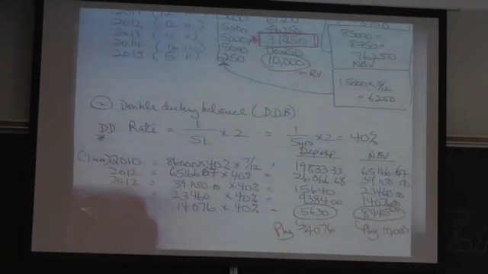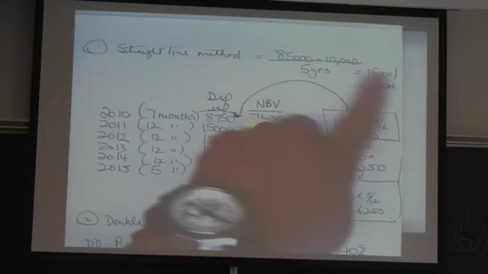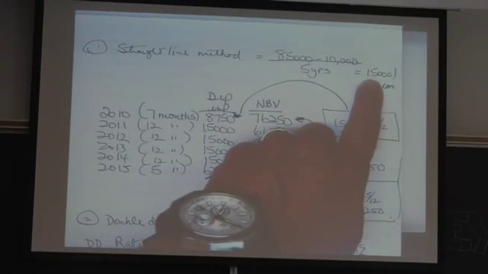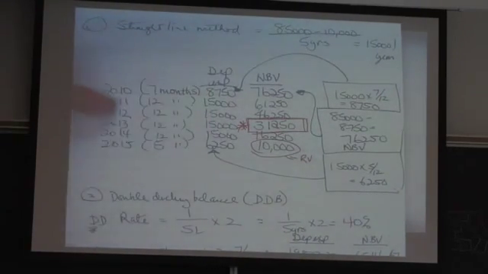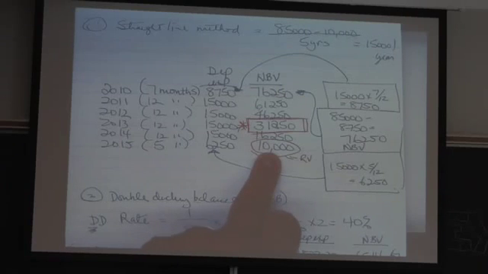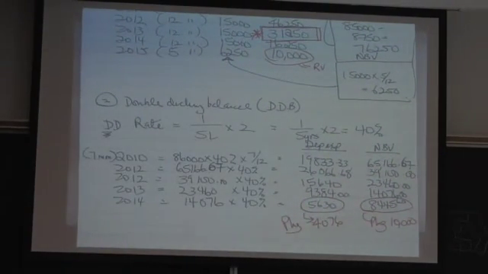Under the straight line, you can see that we took away the 10 to calculate the depreciation per year, so that when you depreciate the asset for 5 years, the residual value equals the net book value. Under the double declining balance method, we have to plug the last year of amortization, because the net book value can never be less than the 10,000 residual value.